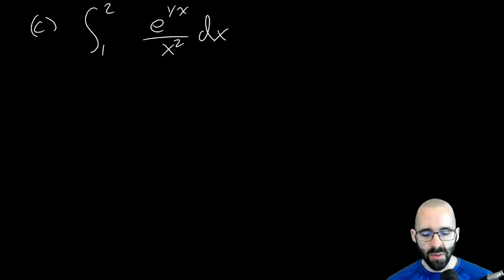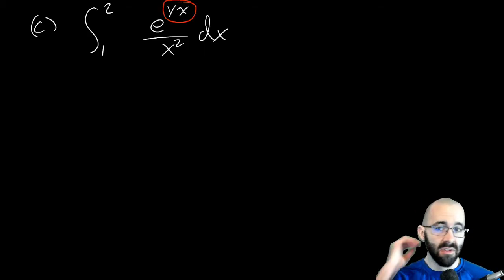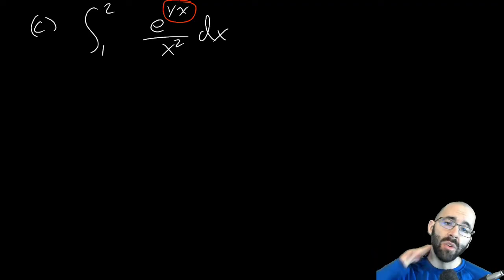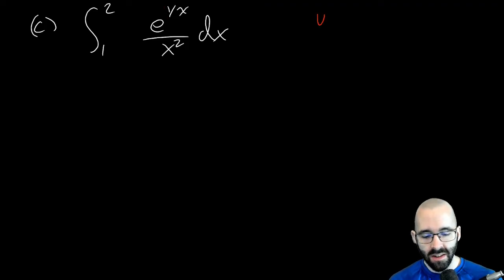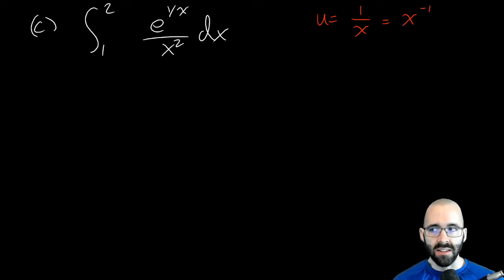The other one was very similar. It's not super clear what to do first here, but if you notice that this is our inside function, and when you take the derivative of 1 over x, you get negative 1 over x squared. That looks very promising. So let's let u be 1 over x, which if we'd like, we can write as x to the negative 1.